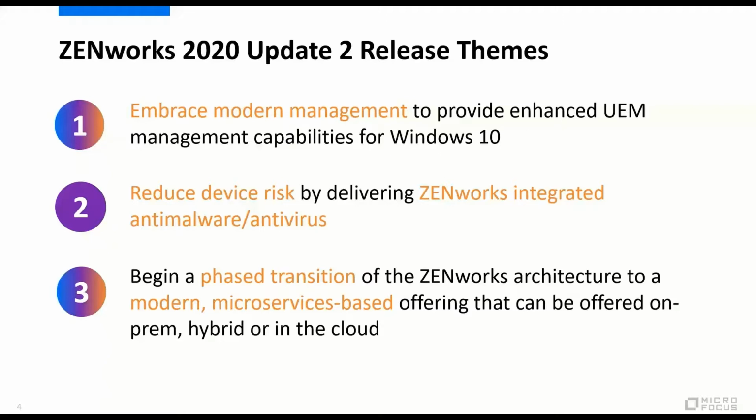Secondly, we also wanted to help you reduce device risk by bringing in a ZENworks integrated anti-malware, antivirus software. And lastly, but not the least, in this release we have started our phased transition of the ZENworks architecture to a modern microservices-based offering, which in a phased manner can be offered either on-prem, hybrid, or in cloud environments.